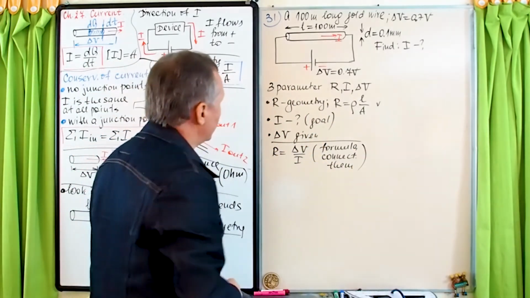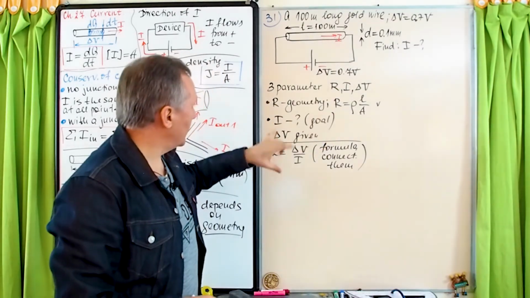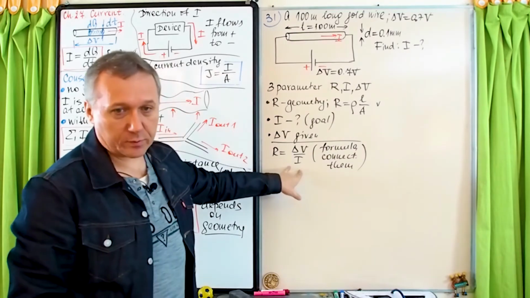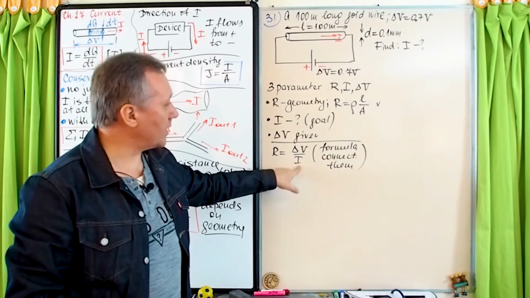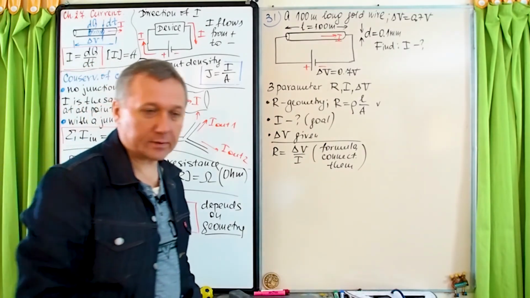We should be able to find resistance because geometry is given. And then I comes from delta V over R. So it's a two-step problem.